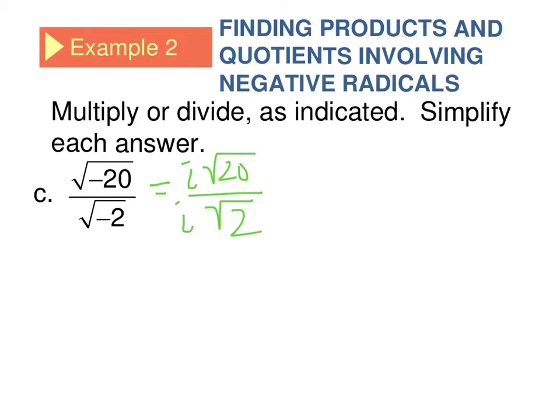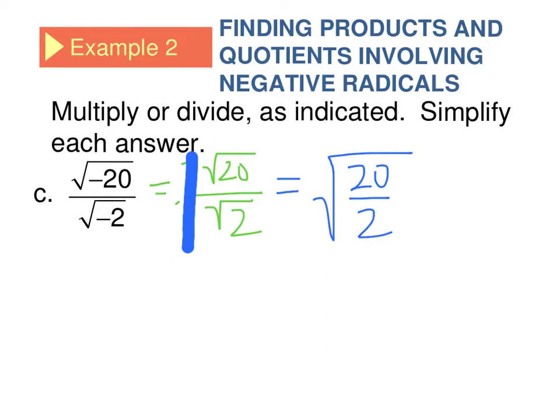And so i divided by i here will be 1, so we can get rid of that, and that equals the square root of 20 over 2. That's a rule that we can use to simplify radicals. And 20 divided by 2 is 10, so we're left with the square root of 10, which is not able to be simplified, and that's our final answer.